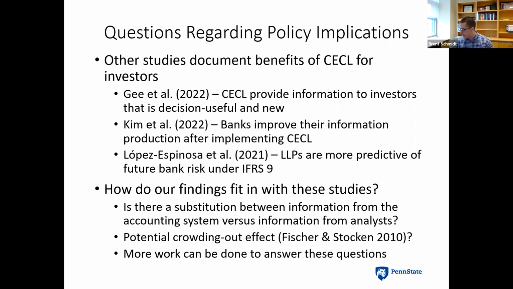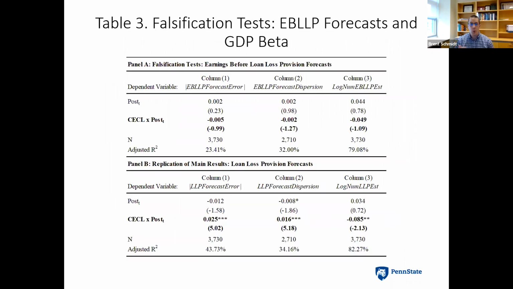Yeah, so we do have something along those lines. It's not necessarily individual line items, but we think of this as a placebo test, related to identification. We do have information about earnings before the loan loss provision in terms of those forecasts.